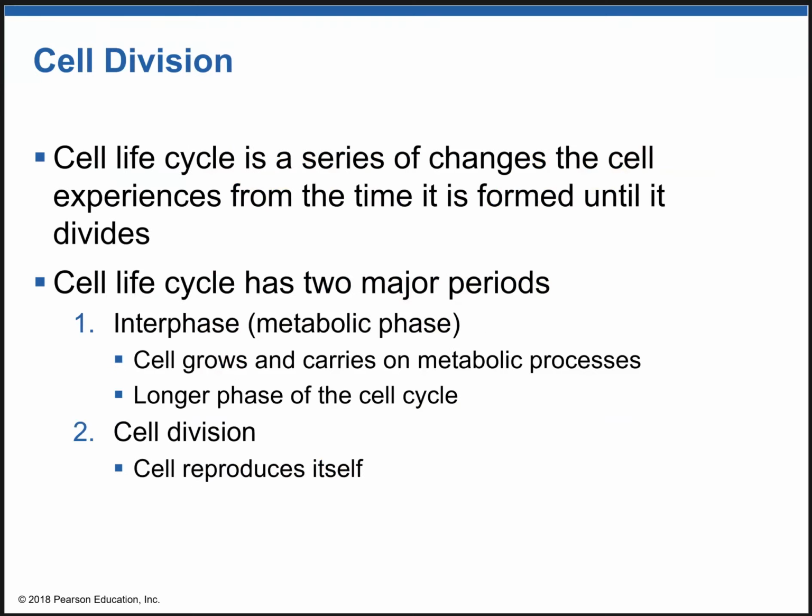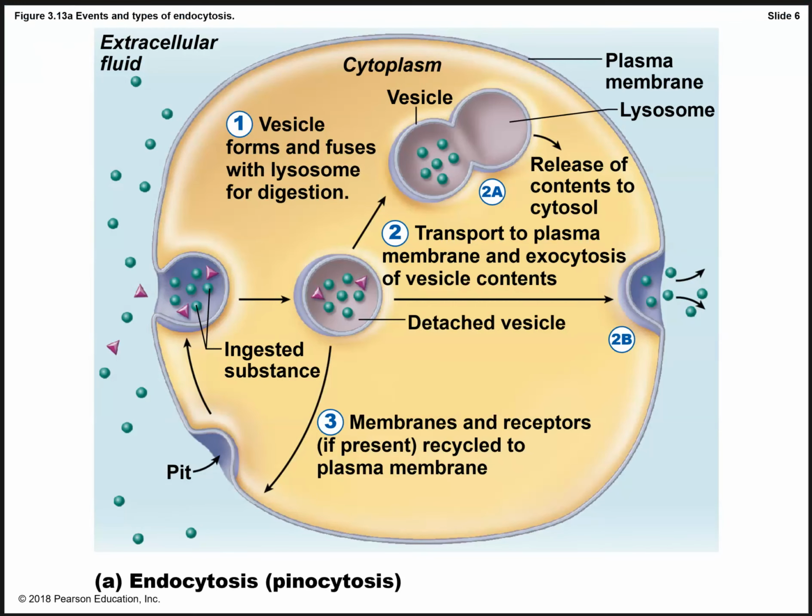So during endocytosis, vesicles that are supposed to carry materials into the cell usually pinch off from the plasma membrane. Just say these are some chemicals that need to be carried into the cell.